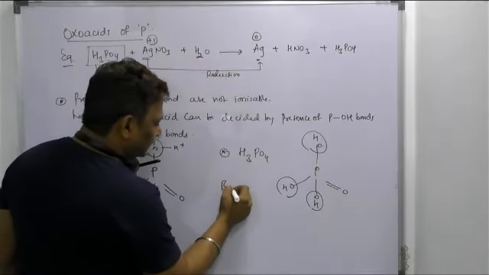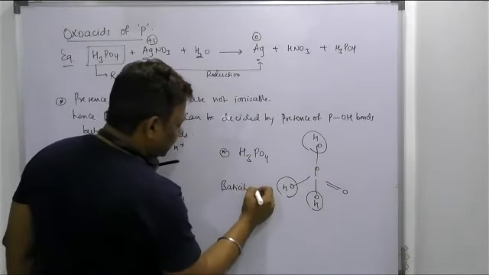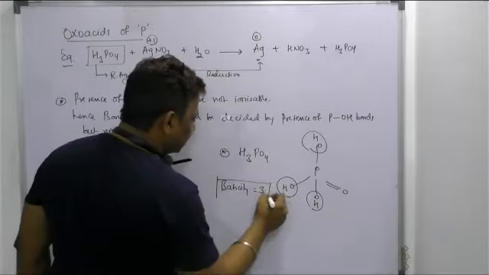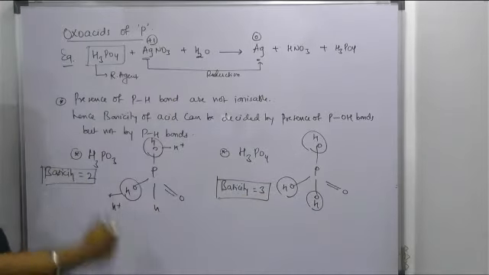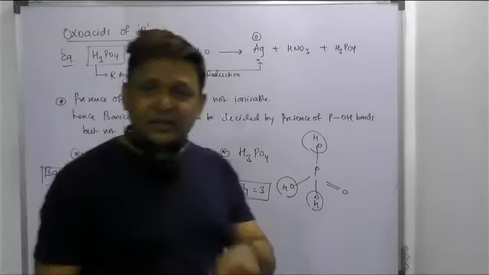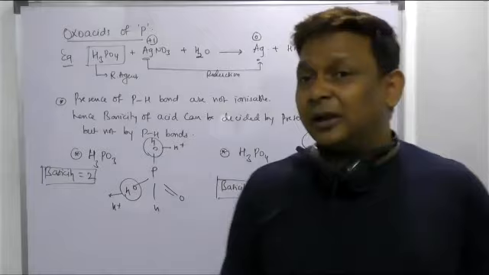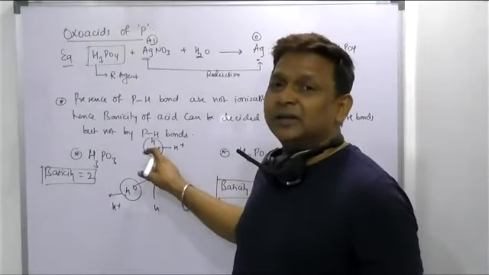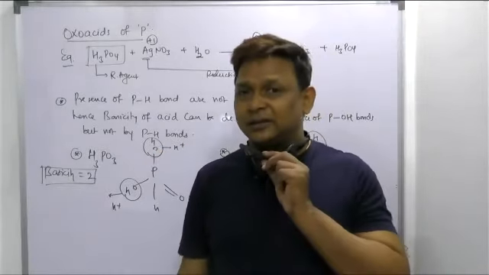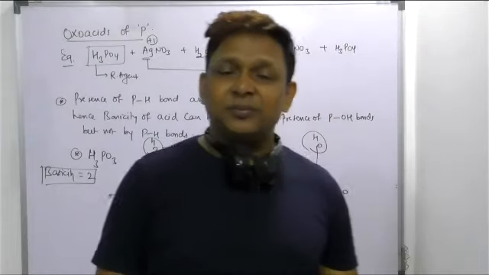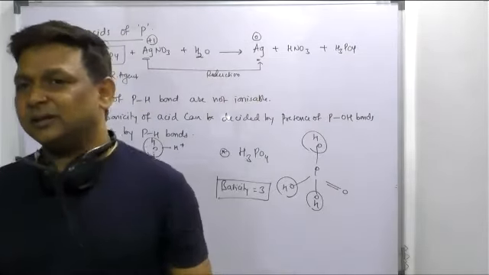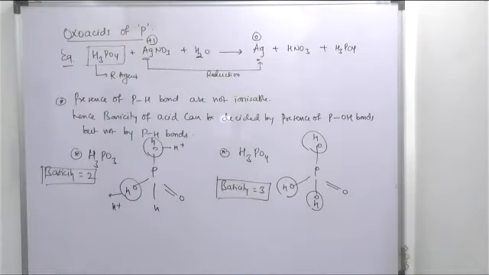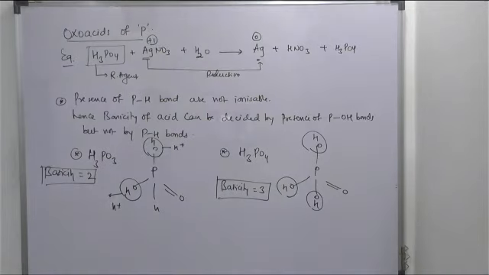As it has a tendency to replace 3 H plus ions, its basicity is 3, a tribasic acid. So basicity can be decided by the presence of the P-OH bond. From this P-OH bond, H plus is replaced, and the acid shows its basicity. The number of replaceable H plus ions is called the basicity of the acid.